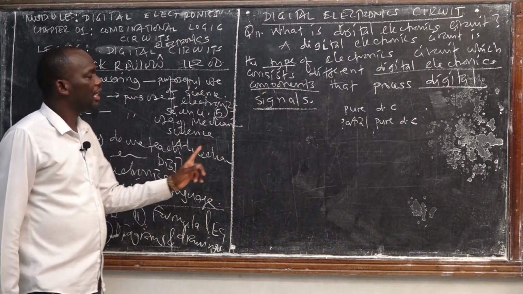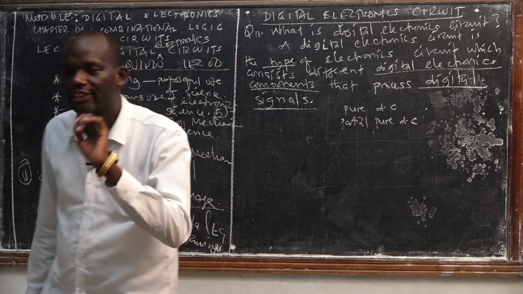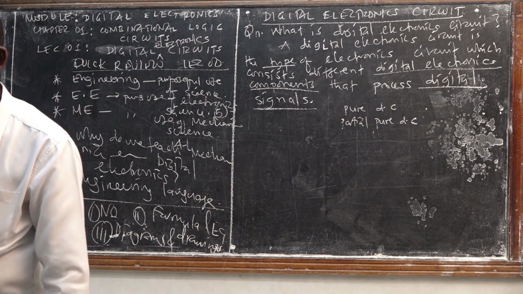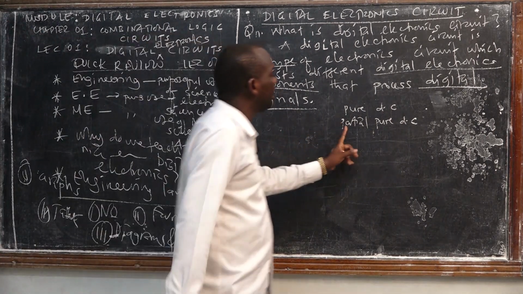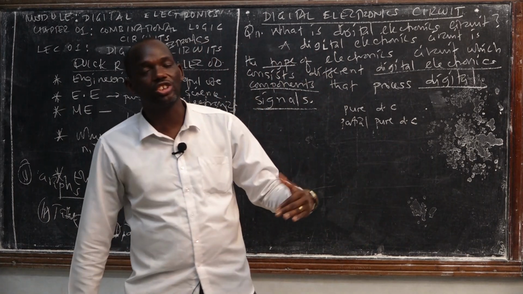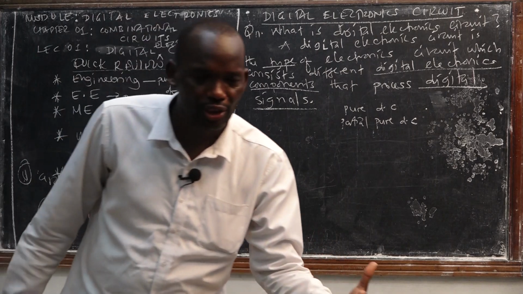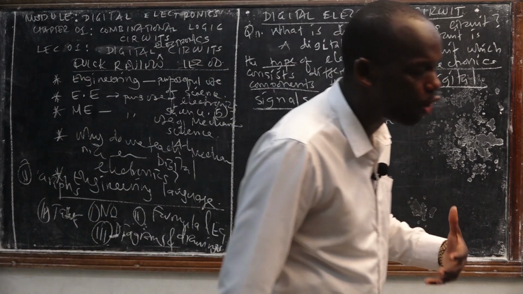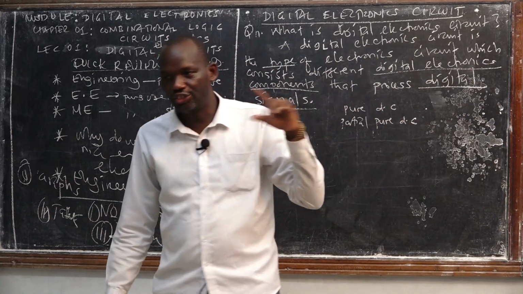Wonderful. Then, a pure digital circuit is a circuit which consists only of digital electronics components. A partially pure digital circuit is an electronic circuit which consists mainly of digital electronics components, and some of them might be analog electronics components or power electronics components. Can I repeat? A pure digital circuit consists only of digital electronics components.